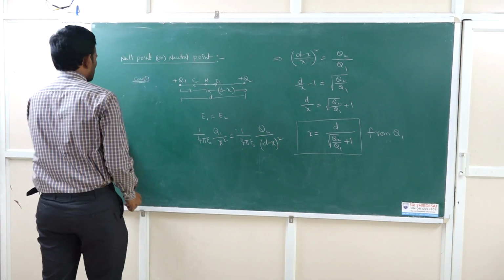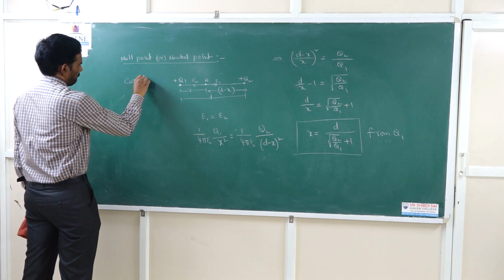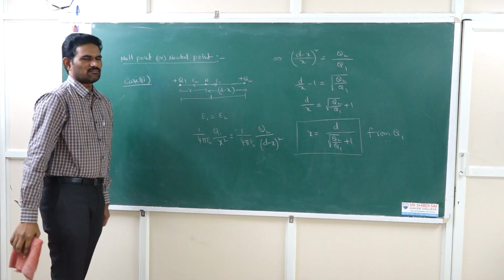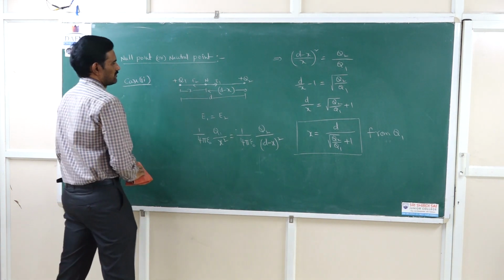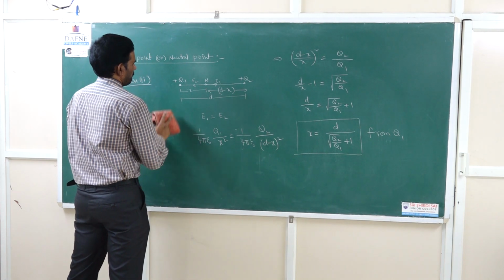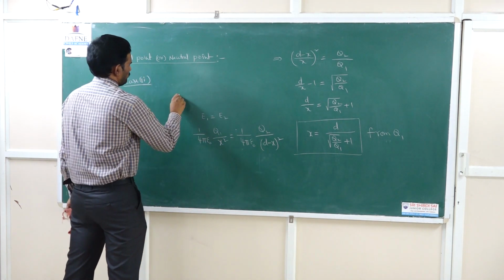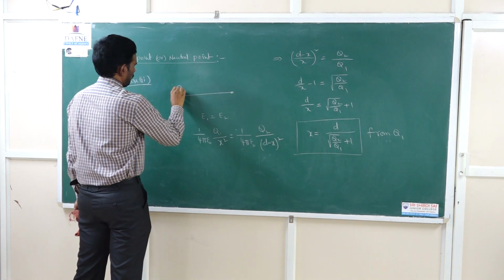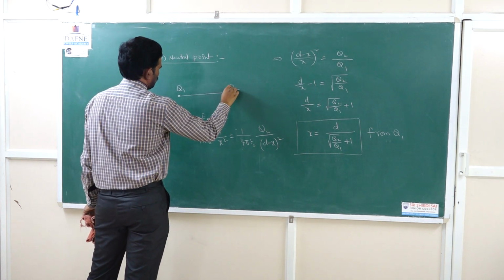And now let us consider the second case. That means I am now taking unlike charges. I am taking two unlike charges. So this is Q1 and this is Q2.